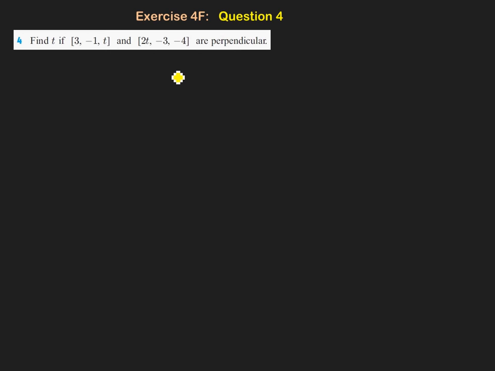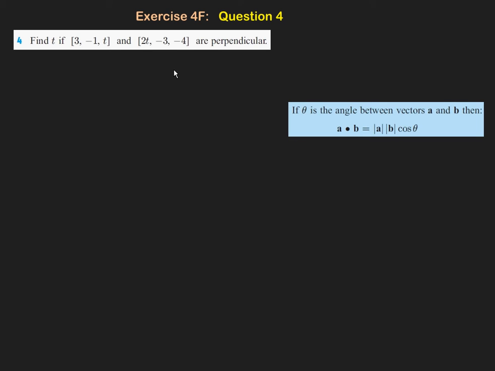Let us think. In part 1, we spoke of this result. If theta is the angle between the vectors A and B, and we can write them like that. So suppose you have a vector A and vector B, both of them emanate from the same point, with angle theta here.